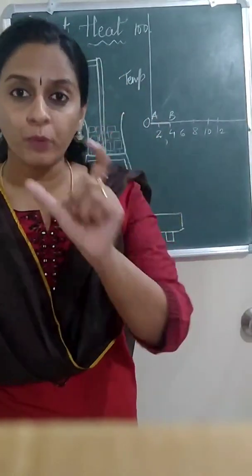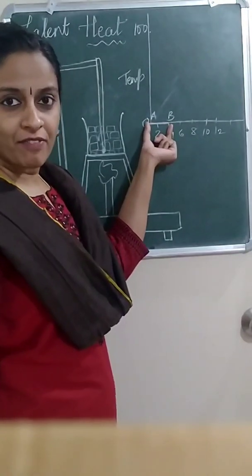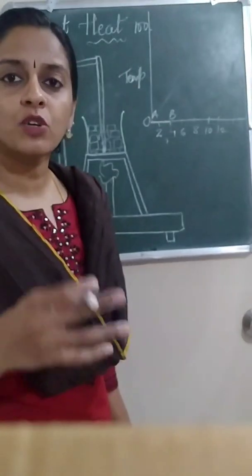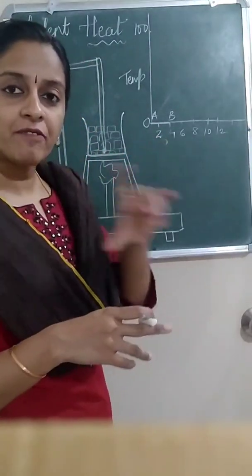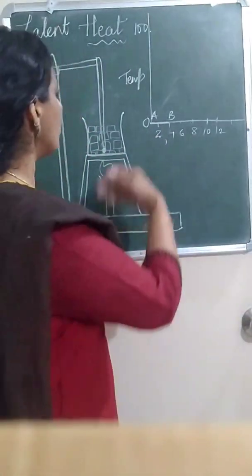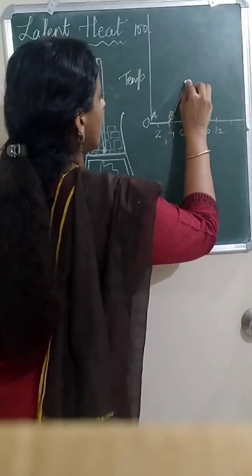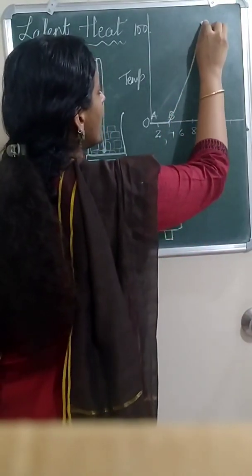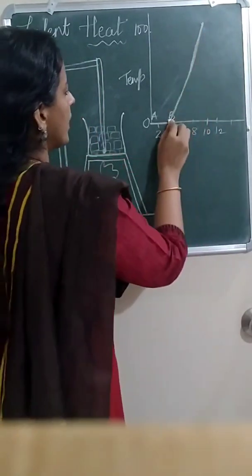That whole process took place in this time period. On this graph, AB, as soon as every ice cube has melted, you will see that there is a rise in the temperature: 10, 20, 30, 40, 50, and it continues until it reaches 100 degrees Celsius.